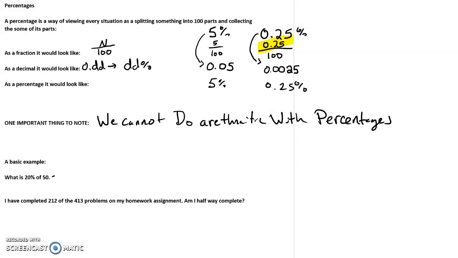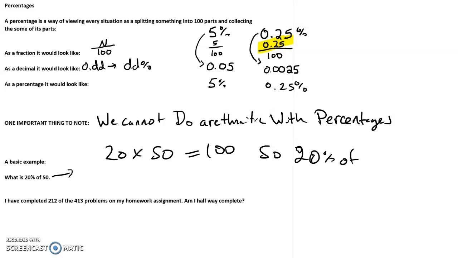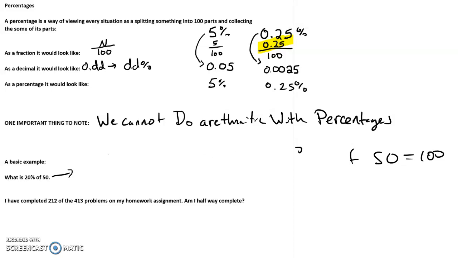When I find 20% of 50, this is really what most people try to do. We can't just say 20 times 50 equals 1,000, so 20% of 50 equals 1,000, because that's wrong. You can't do math with percentages. They just don't work like that.